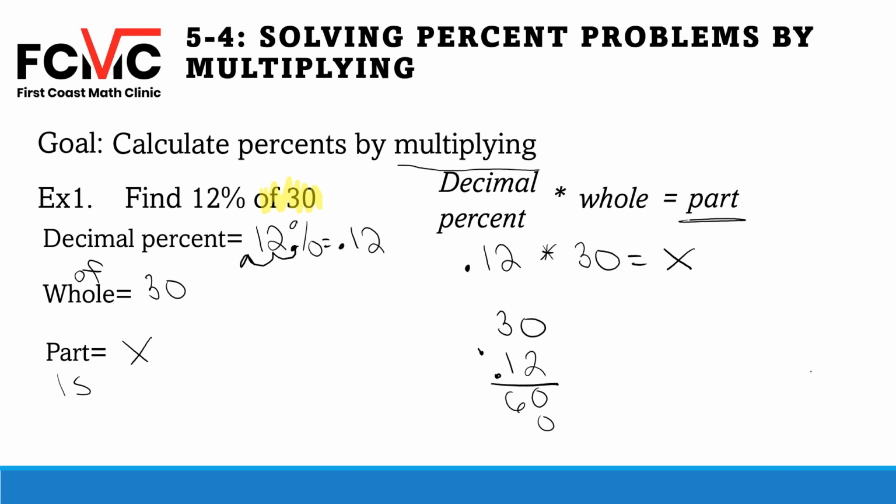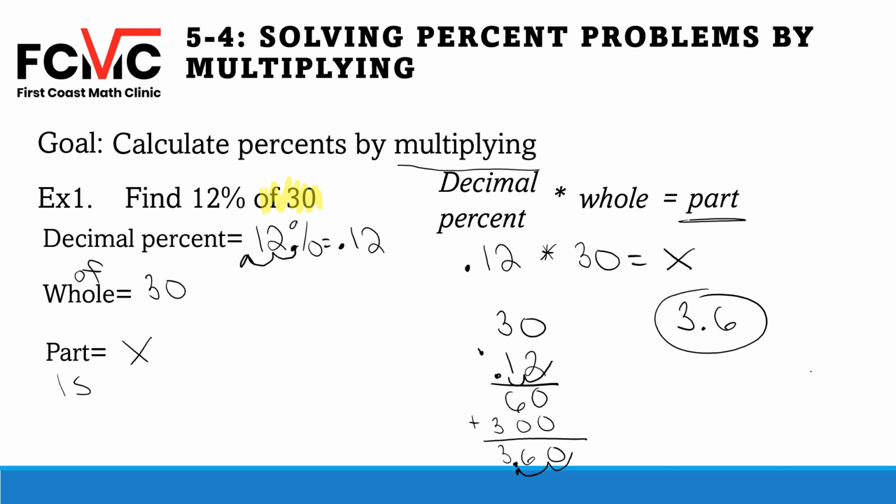Put down a 0 as our placeholder. 1 times 0 is 0, 1 times 3 is 3. Going to add up our values, 3, 6, 0. Now we have to figure out where our decimal goes, so we're counting up our place values, 1, 2. So we get 3.6, so our part, our answer here, should be 3.6. So 12% of 30 is going to be 3.6.